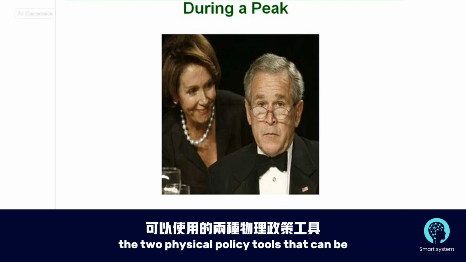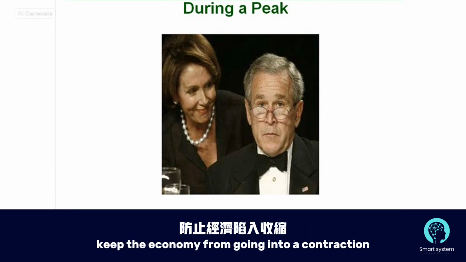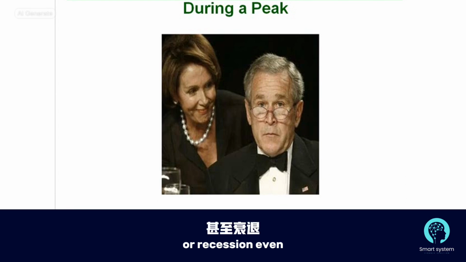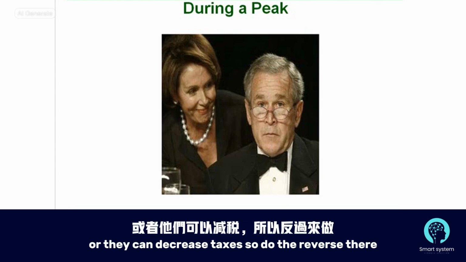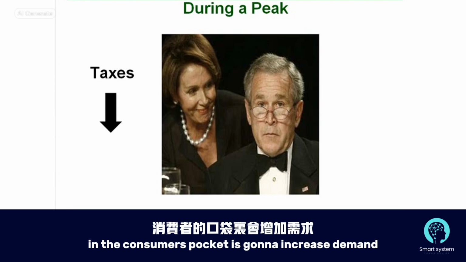So at this stage, there are two fiscal policy tools that can be used to counteract and hopefully keep the economy from going into a contraction or even recession. They can decrease taxes, which puts more money in the consumer's pocket and is going to increase demand.